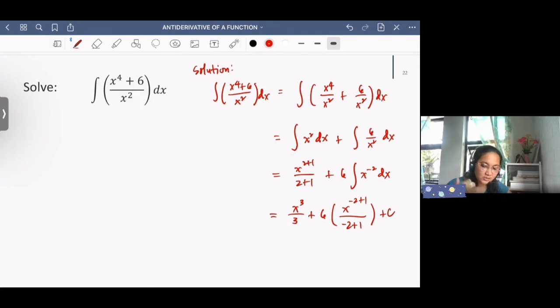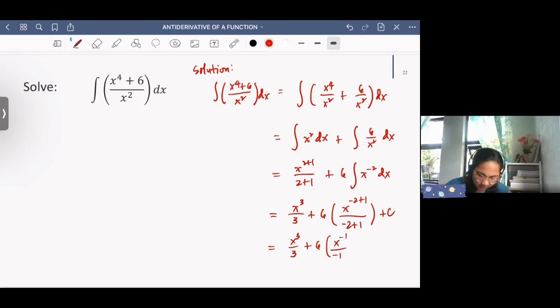By the way, once you apply the anti-differentiation rule, no need to include dx. You just have to simplify now the obtained values. So we have x cubed over 3 plus 6 times the quantity x raised to negative 1 divided by negative 1 plus c.